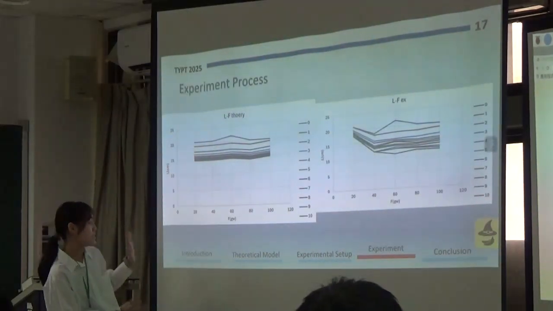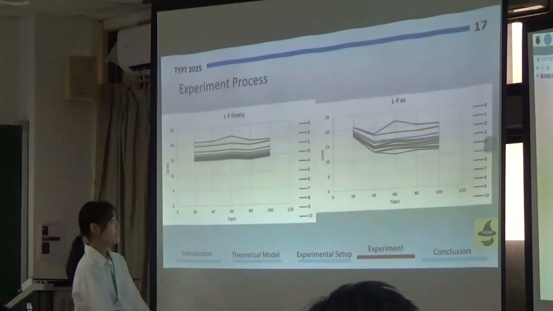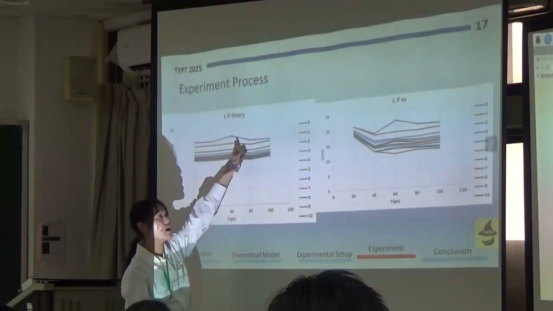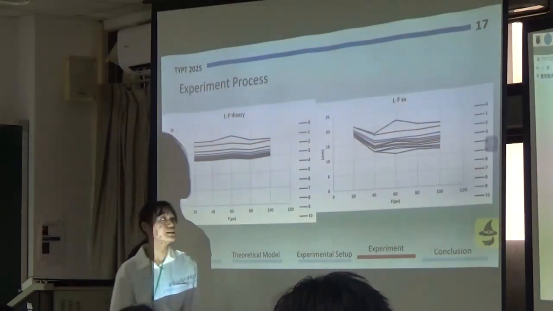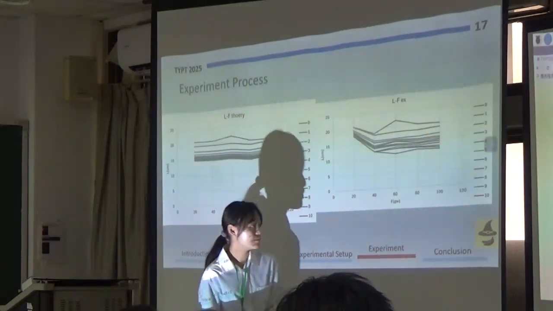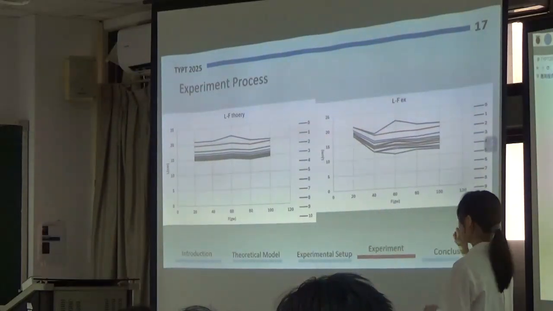This is the relationship between the force and the length. As you can see, nearly all the lines are stable except the one with zero pressure. And this is calculated by theory, and this is a real experiment.